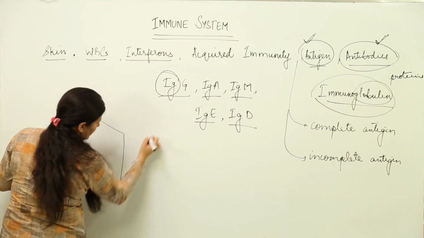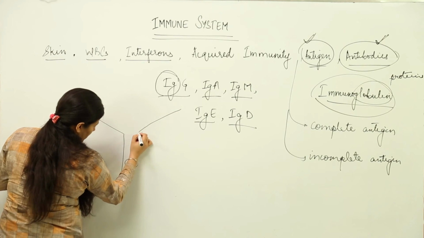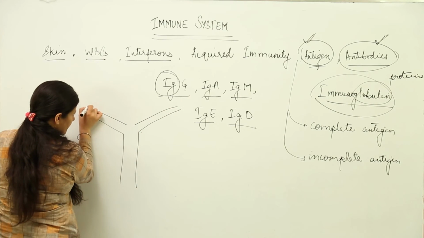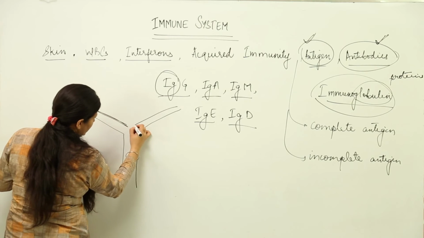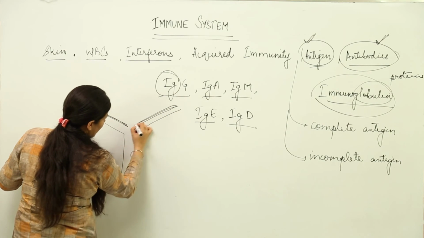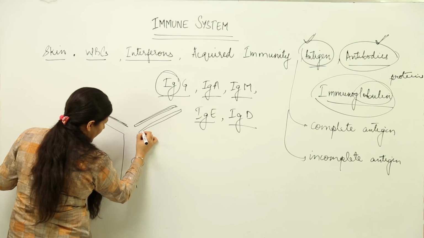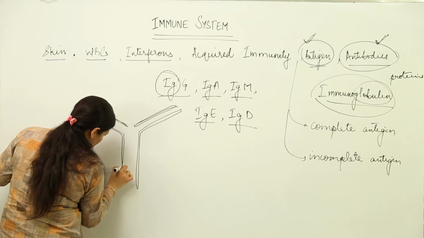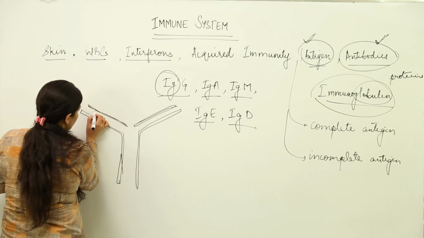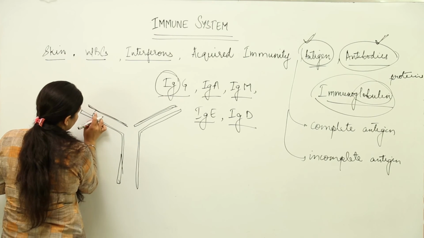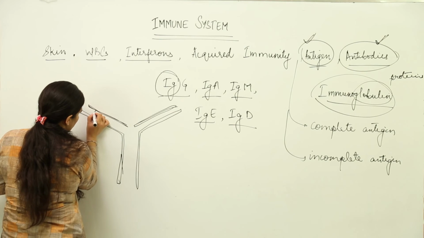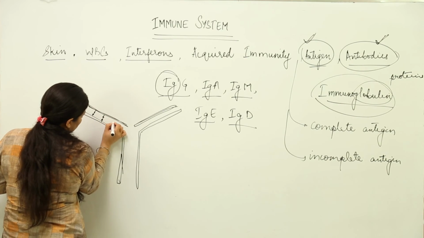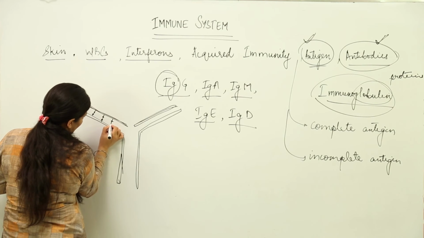You must have studied about the structure of an immunoglobulin. It is something like this. There are two light chains and two heavy chains which are joined to each other by disulfide bridges. Okay, these are the disulfide bridges which join the light chain and heavy chain.